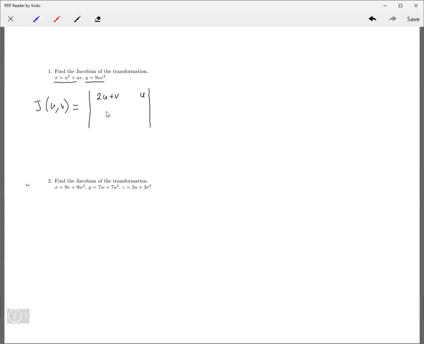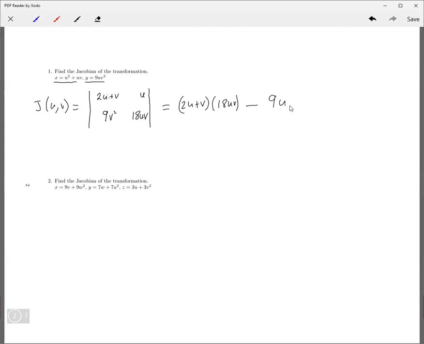Now we do the same thing with y. And here we're going to get 9v squared. And then here it's going to be 18uv. Okay, great. And now we multiply these together. This times this, I'll write it out. And then subtract and multiply these together.